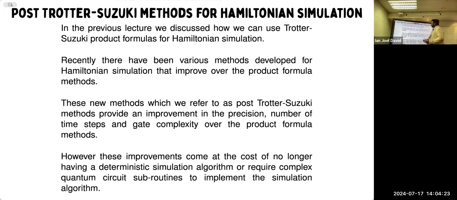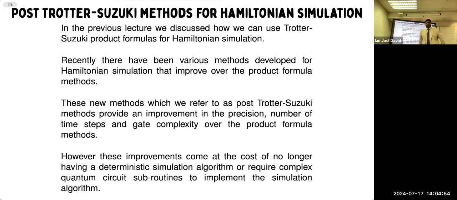Okay, and the main reason behind why we searched for these methods is because we were interested in looking for methods that can improve the precision of our simulation, as well as giving you a better gate complexity. And by that, I mean improving how the algorithm scales complexity-wise by reducing dependence on things like the size of the system, the dependence on the norm of the Hamiltonian, as well as the polynomial dependence on time.